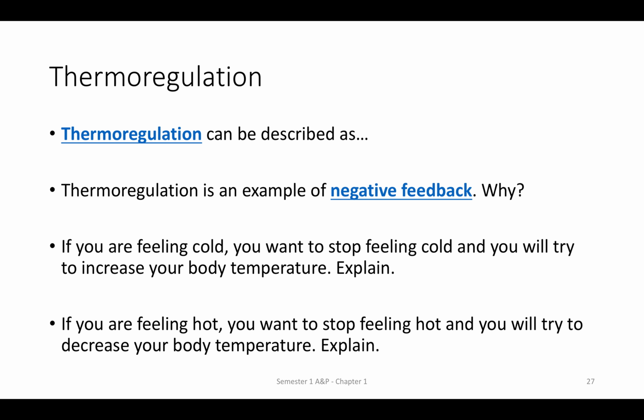The receptors in your skin are going to detect the change. They're the receptor. They send the message to your hypothalamus in your brain, which is the control center, which then causes your muscles to start shivering, or the effector. Now, this is an example of negative feedback because negative feedback is defined as a type of response which causes an opposite reaction or eliminates the stimulus. The stimulus is your cold, and your response is you're going to try to warm yourself up.